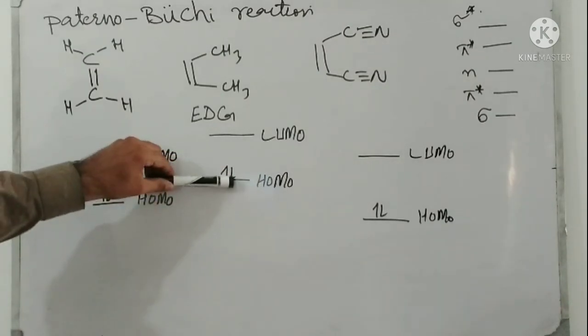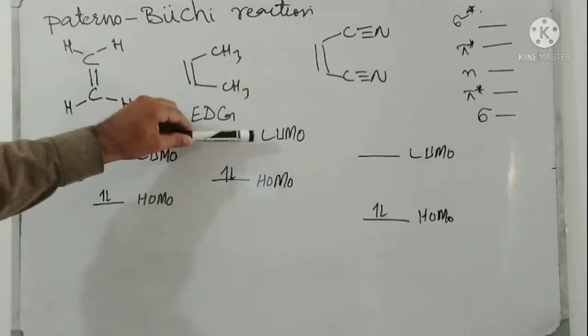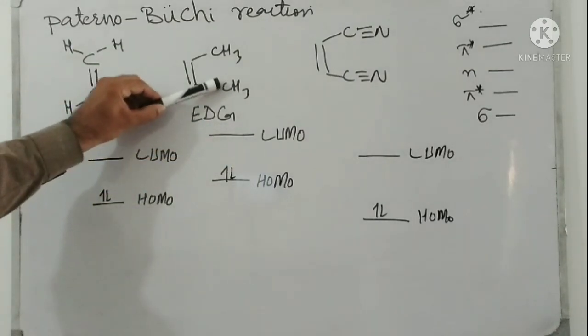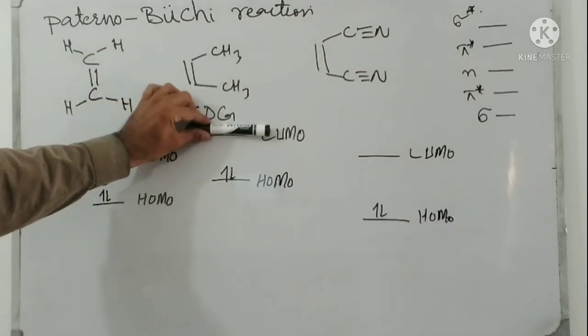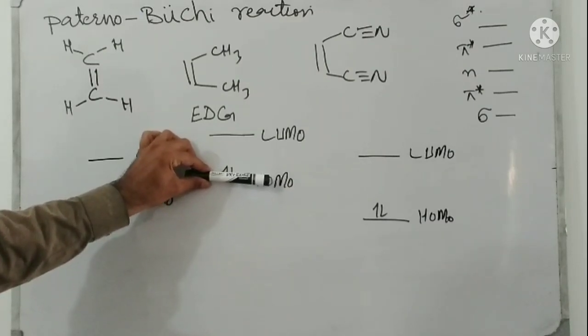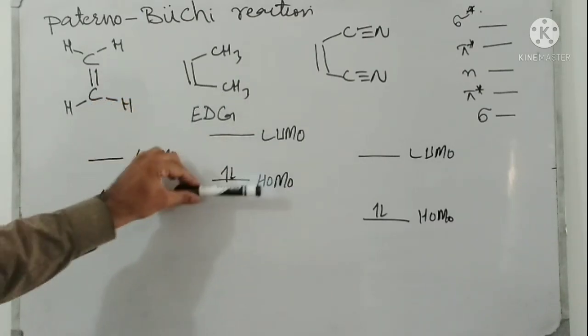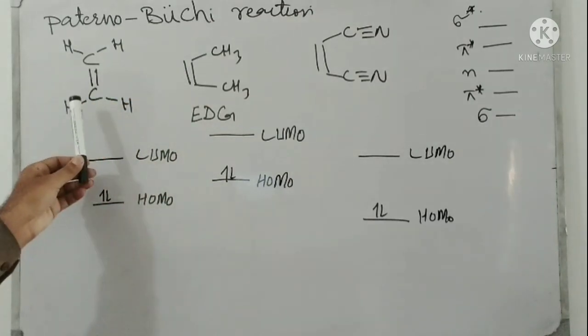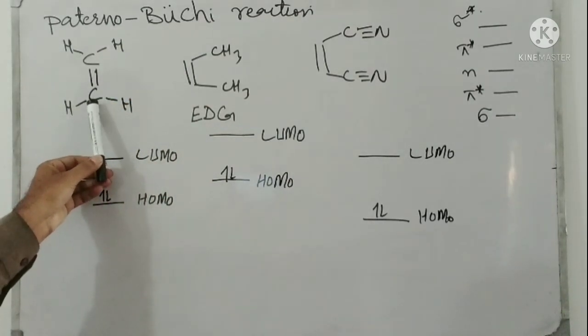The same is the case for the LUMO of ethene. The methyl donating groups make the LUMO higher in energy as well. When it is at higher energy, it means this alkene is more reactive as compared to the simplest ethene.